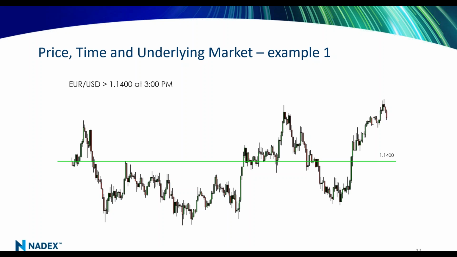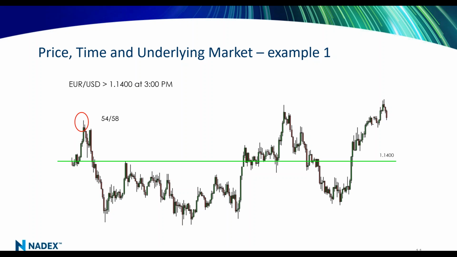Now, let's take a look at the price of a binary option over the course of the day. Let's just assume this is one day. Early in the day, the chart is clearly showing that the euro US dollar is higher than 1.14. It's early in the day, but it's already higher than 1.14.